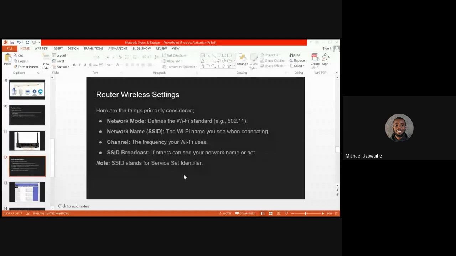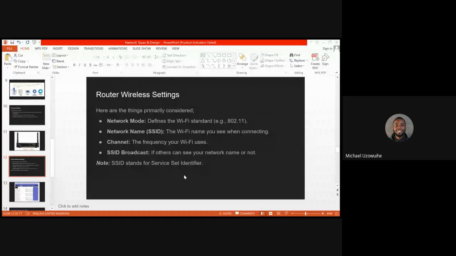Then we have the SSID broadcast, which you cannot do on your phone. SSID broadcast gives you the ability to make other devices see your wireless network. If you put it on, other devices are going to see your network.